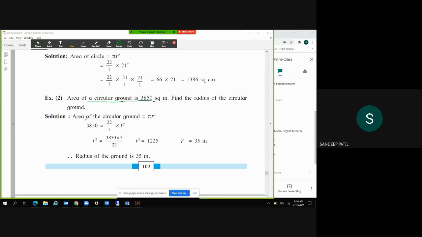We know the area of a circular ground is pi r square, and we know the area directly. So from this calculation, we can calculate r square as 1225. So from here, r is equal to the square root of r square, r is equal to 35.